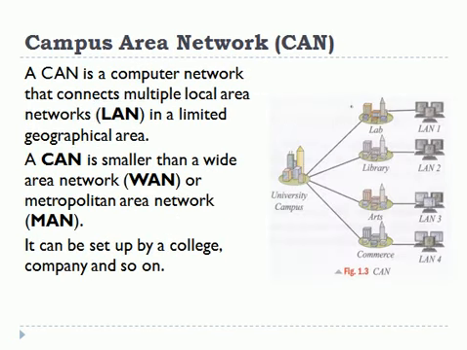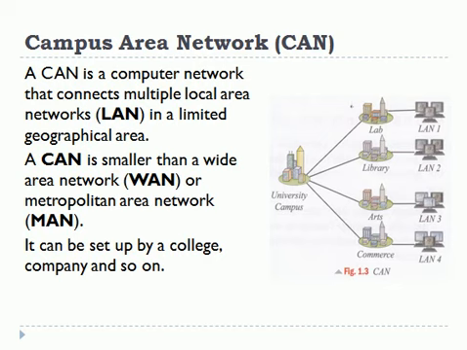Now let's move towards the next, the campus area network. You may not find this network in many books. However, it resides between the LAN and the WAN, or MAN. A CAN is a campus area network with multiple local area networks.